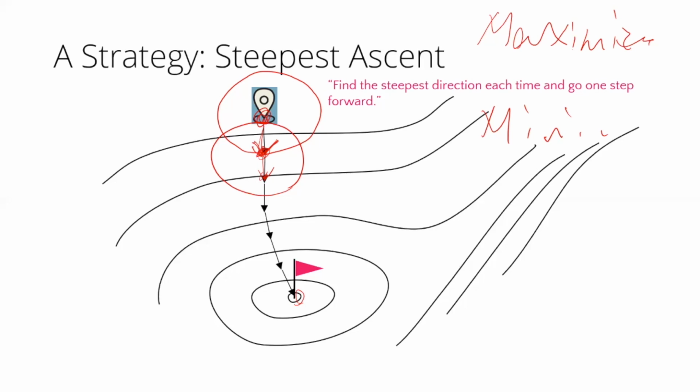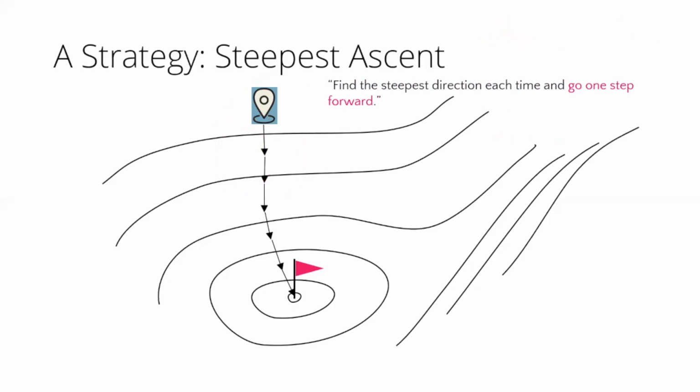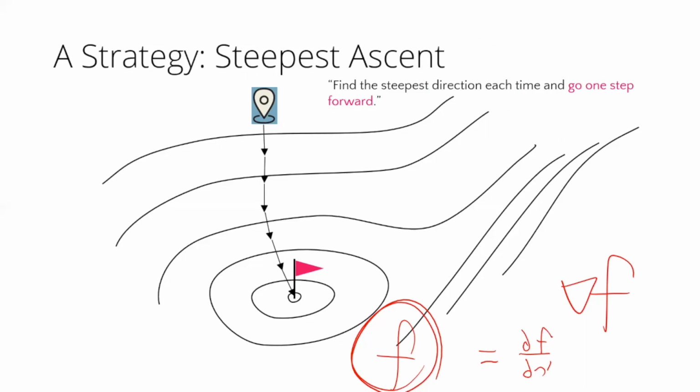Now, mathematically speaking, the gradient of a function, where the function value is indicative of the height of the mountain, is defined to be a vector. In the case of 2D, this is what the gradient vector looks like. Basically this gives you the slope along the x-axis and the slope along the y-axis, right?